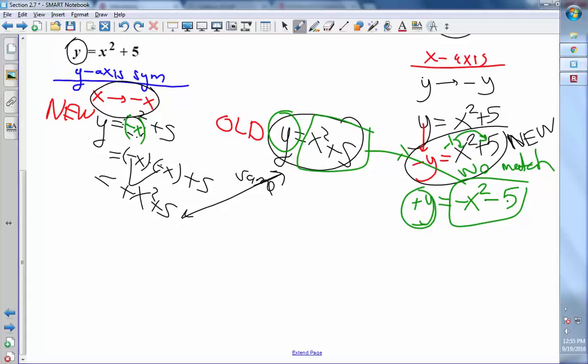So once I'm trying to fix the left side, the balance on the right side is broken. Once I try to fix the right side, the left side won't match. And I have a feeling these will never match, right? So after a while you quit. You try checking and multiplying. They won't match. They are not the same. So no x-axis symmetry. Okay?